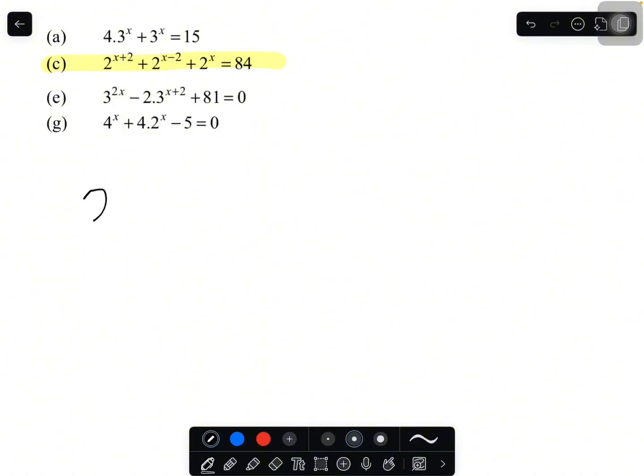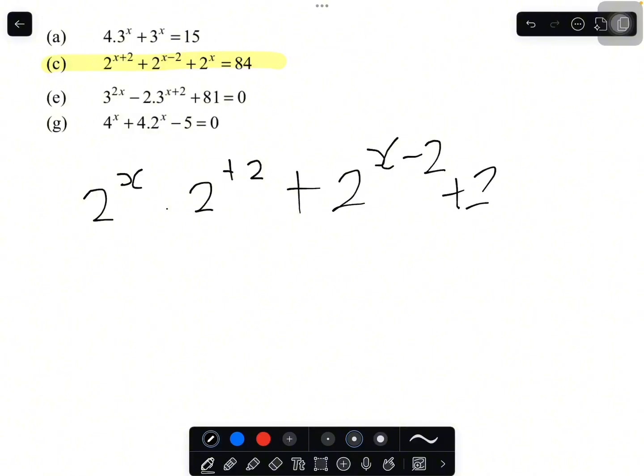So we'll have 2 to the x times 2 to the minus 2 plus 2 to the x minus 2 plus 2 to the x equals 84.